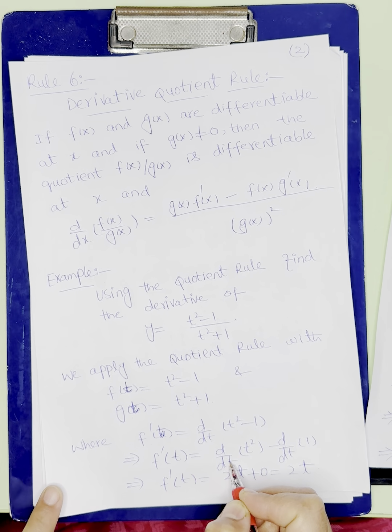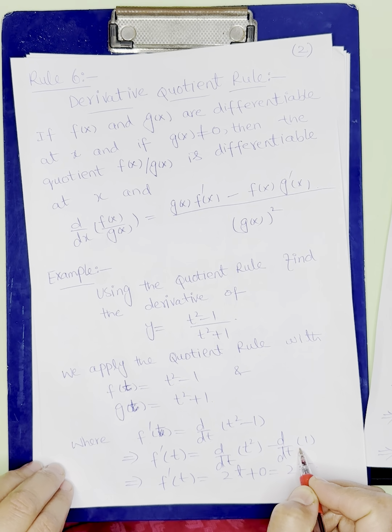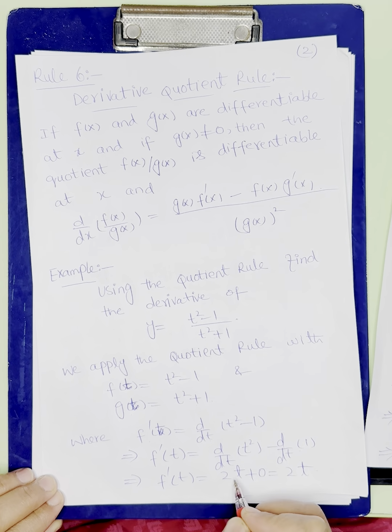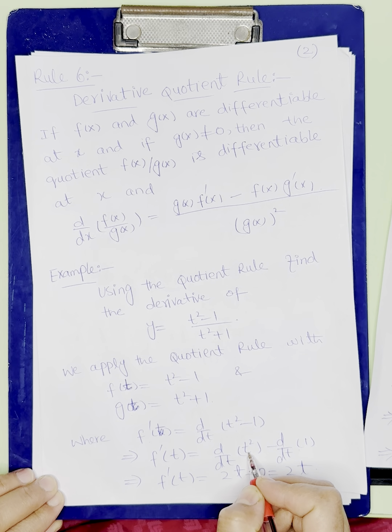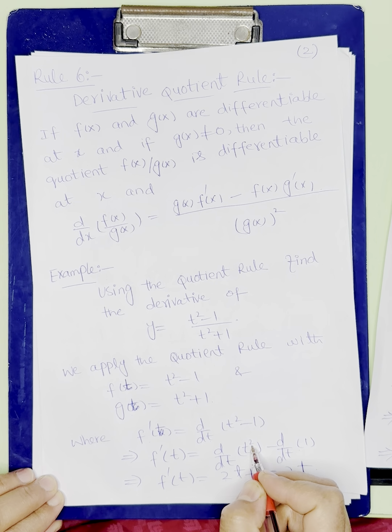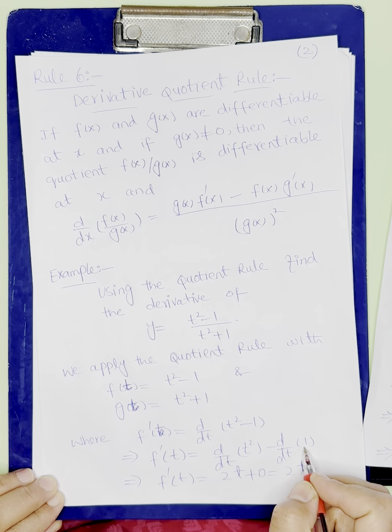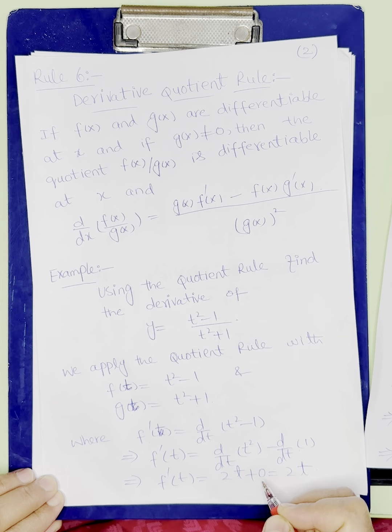In this step, derivative of t square and 1 is applied by using sum difference rule. Derivative of t square is calculated by using power rule, and according to power rule, exponent is written over here and 1 is subtracted from the power of t. In this way, derivative of t square would become 2t, and derivative of 1 is equal to 0 because the derivative of any constant is 0.